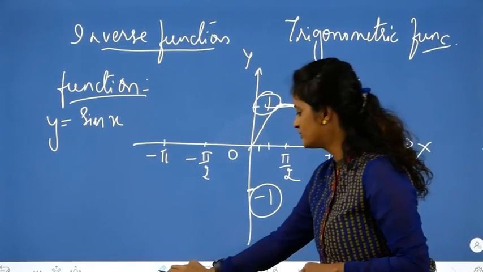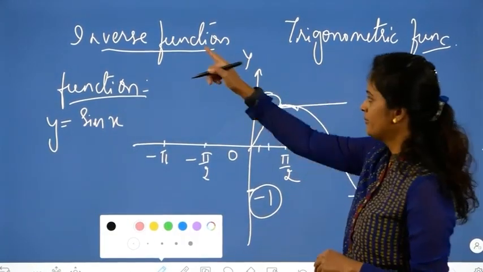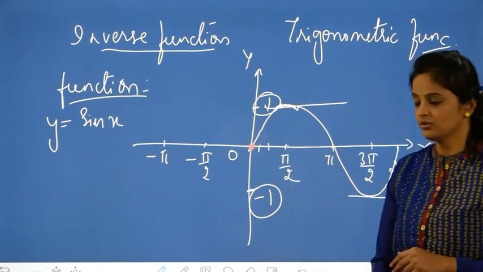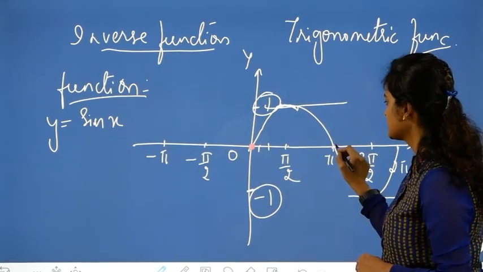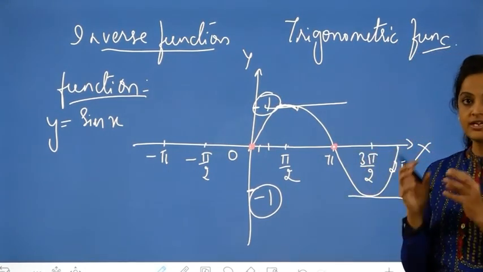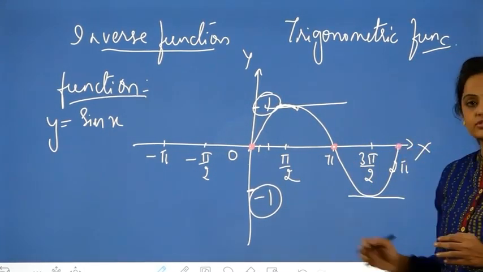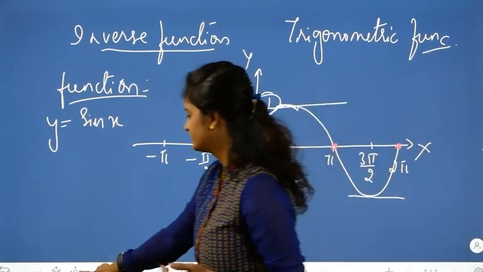But one thing you observe here, coming to inverse function now, here this is 0. Again the same thing is repeated here by the value. Sine 0 is 0, sine pi is 0 and sine 2 pi is also 0. So what is happening here?